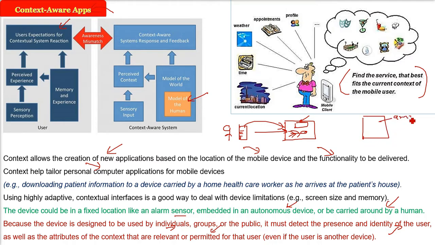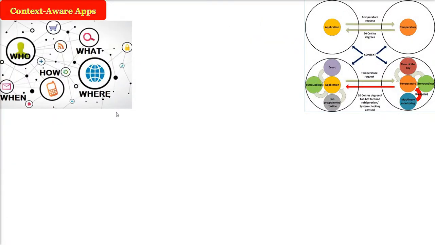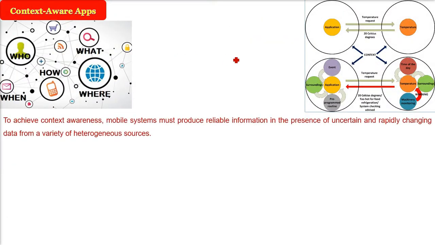For example, if you just search something on Amazon, those things will start coming everywhere. So the Amazon app is context aware. They know it. In order to achieve this context awareness, the mobile system must get, receive, and refine reliable information. There is certain uncertainty also, because the data may be rapidly changing, because it is coming from different heterogeneous resources.